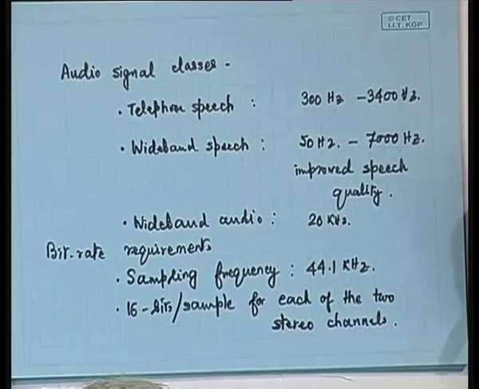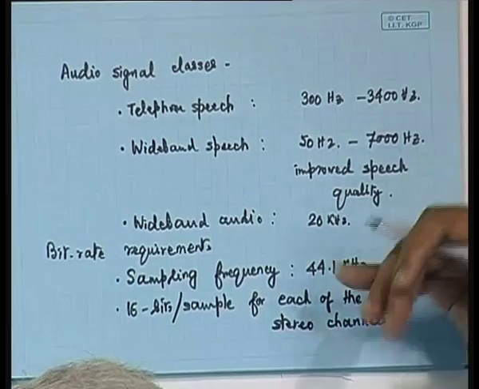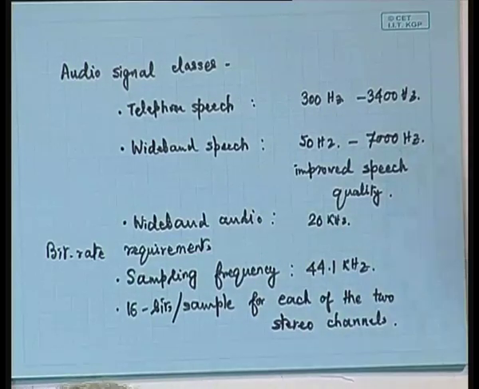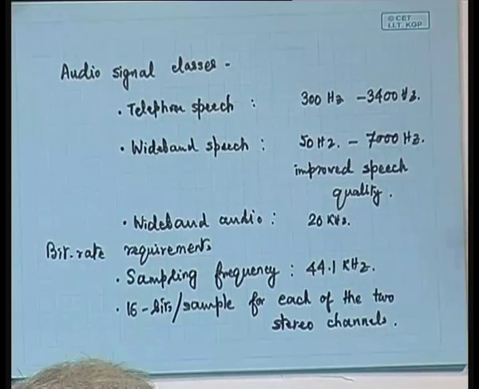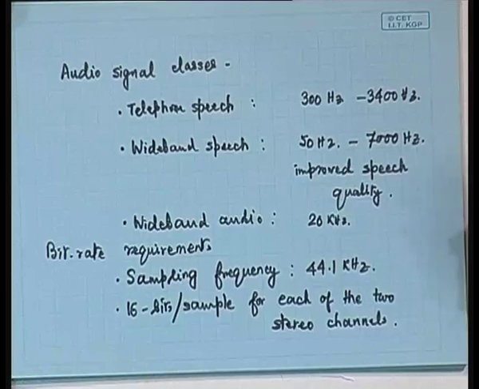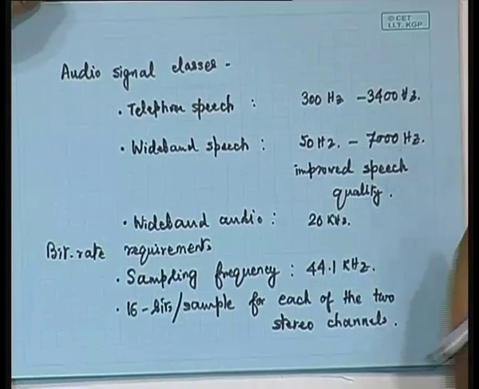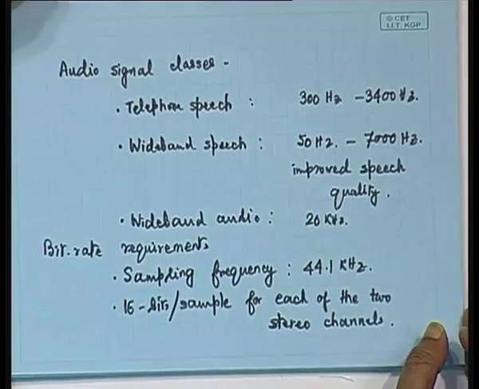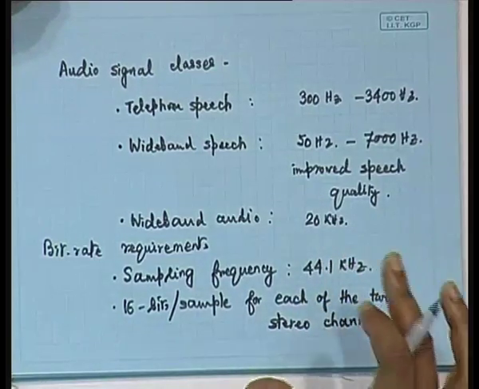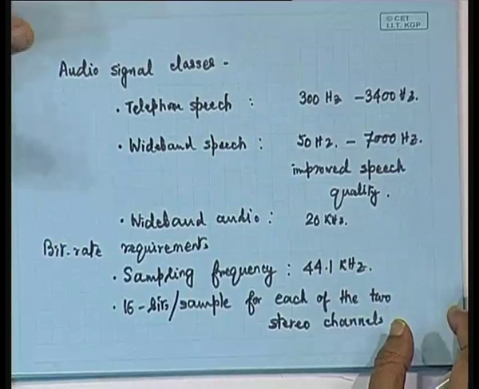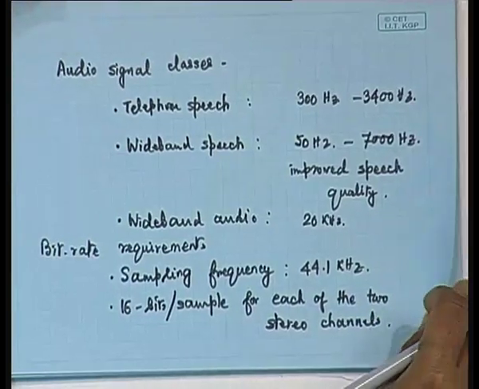Now if you consider these specifications, a 44.1 kilohertz sampling rate, 16 bits per sample per channel, and 2 such stereo channels, we multiply 2 by 16 by 44.1, and we should get the bit rate required for raw audio transmission, meaning before any compression is applied.